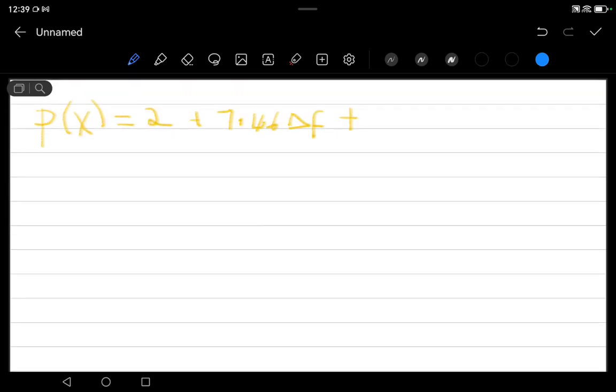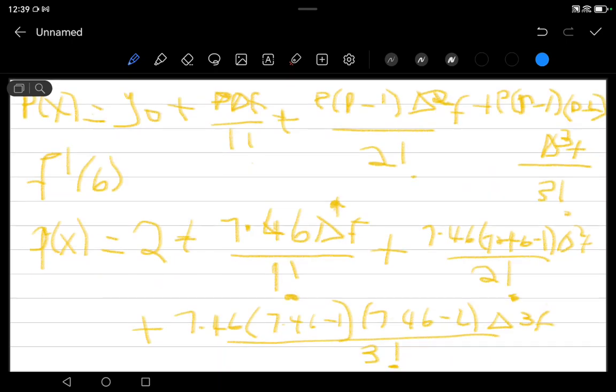Okay, so it's going to be plus 24.096 change square f. And then plus, we're going to do the last one. The last one is 7.46 into 7.46 minus 1 times 7.46 minus 2 over 3 factorial.